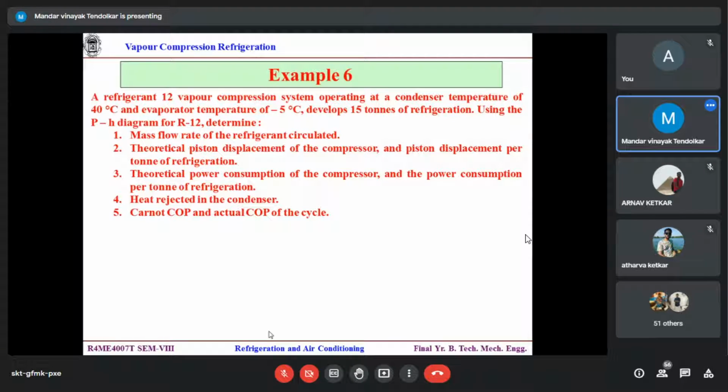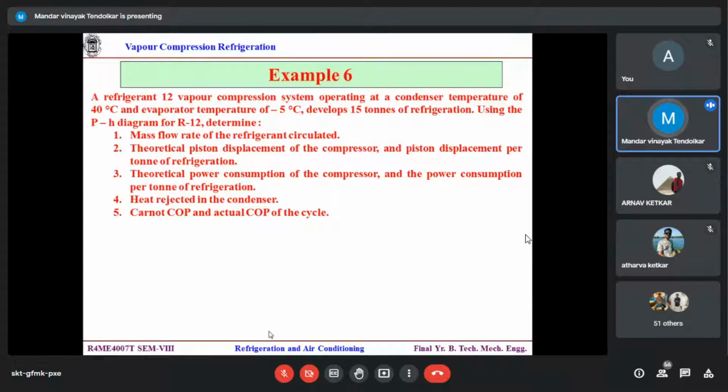Fine. So let us read now this example. R12 vapor compression system operating at a condenser temperature of 40 degrees Celsius and evaporator temperature of -5. So here the temperatures are given, pressure not given. So what we will try to find out the temperature line corresponding to 40 degrees Celsius and -5 degrees Celsius.